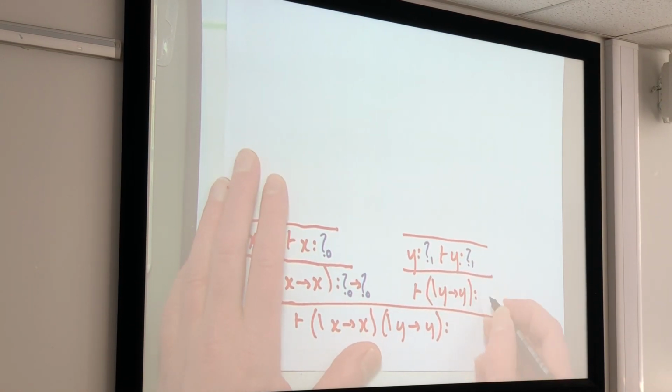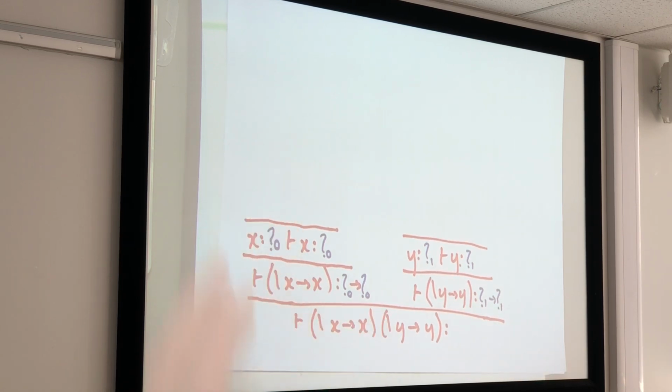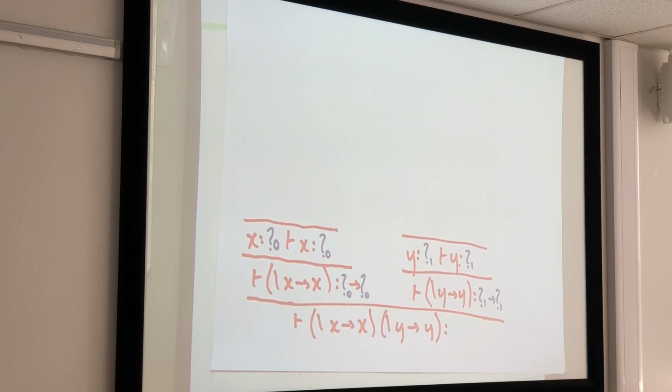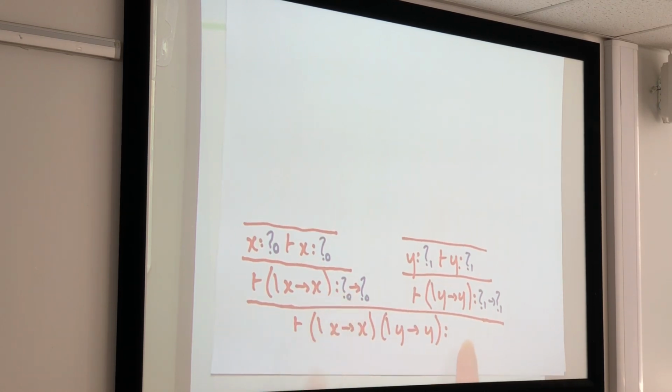And here we get question mark 1 arrow question mark 1. Okay, now we've figured out the type of the function, we've figured out the type of the argument, but for this to be a valid application, something else has to be true. What else do we need to be true?